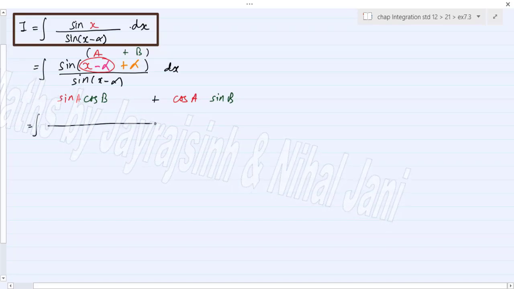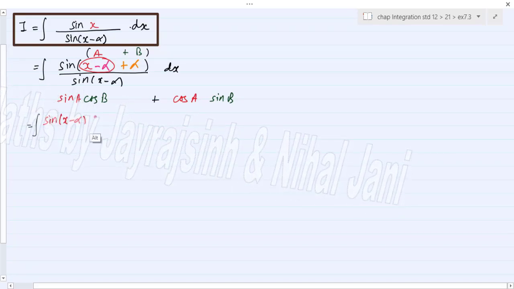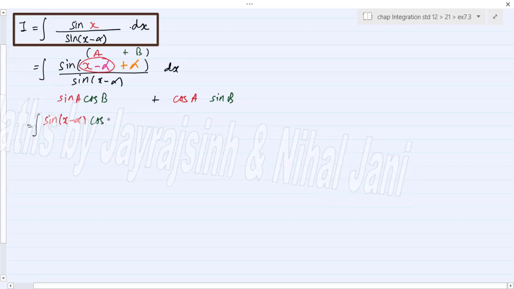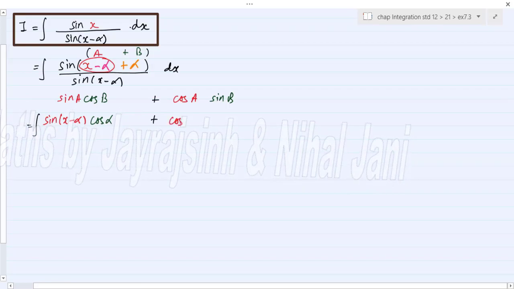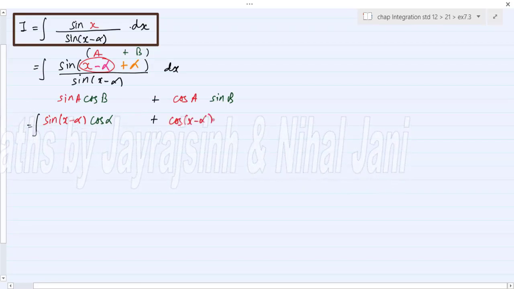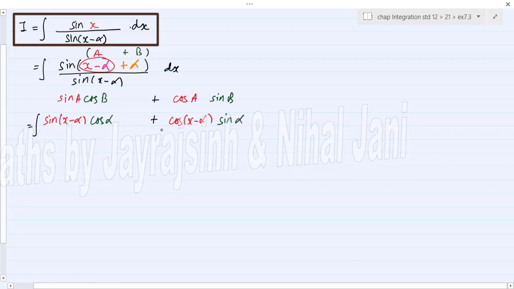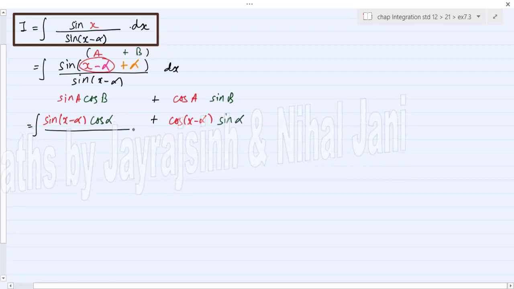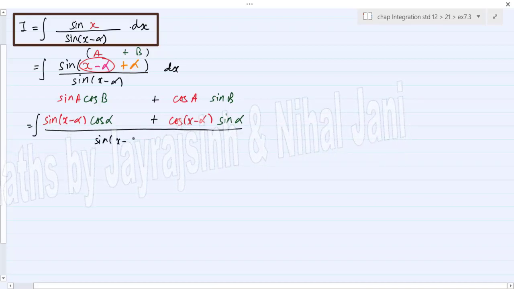So let's simplify our numerator. Sin a, or we can say sin x minus alpha, and cos b, or we can say cos alpha, plus cos a, or we can say cos x minus alpha, and sin b, or we can say sin alpha. Still, your denominator will be as it is.